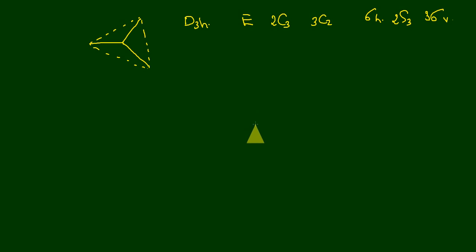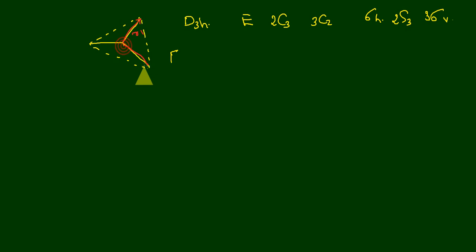So I am going to assign the total character of the reducible representation corresponding to the bond vector transformation. We have 3 bonds here, right? These are the 3 bonds. This is one bond, let me call this R1.